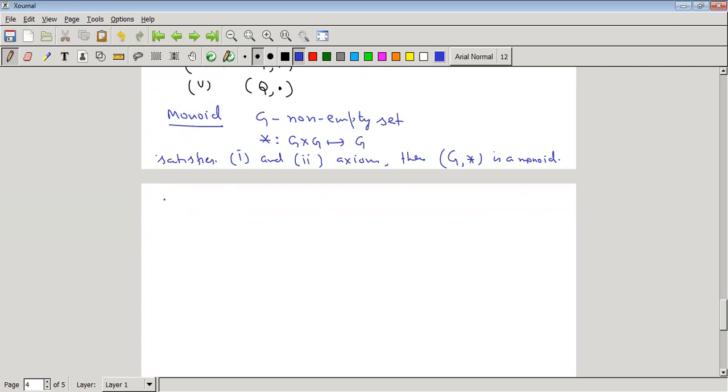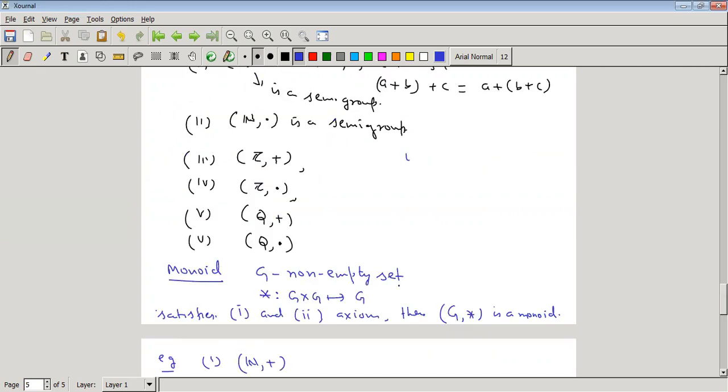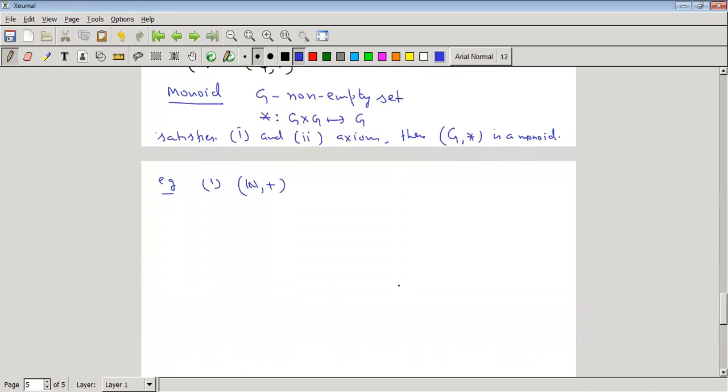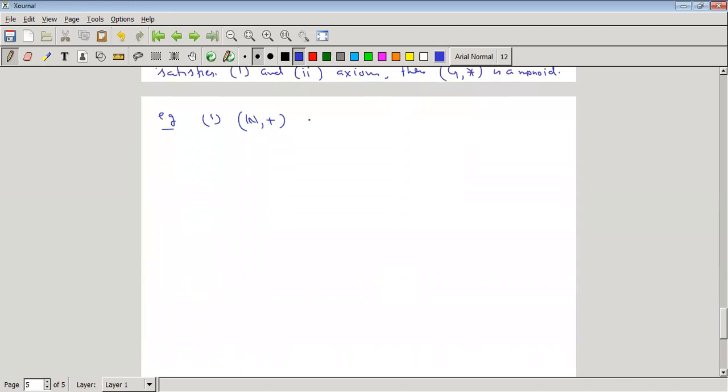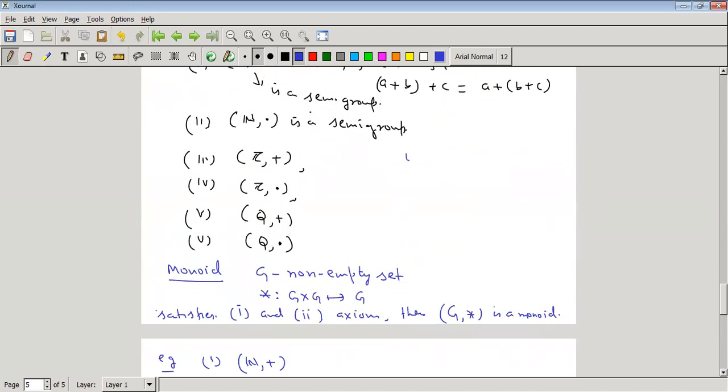So again, we consider the same example. Set of natural numbers with addition. Is it a monoid? So first check, is it a binary operation? Yes, we have already defined that the sum of two natural numbers is again a natural number. So the first property is satisfied. Second, associativity we have already checked.